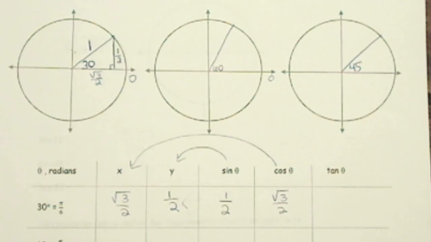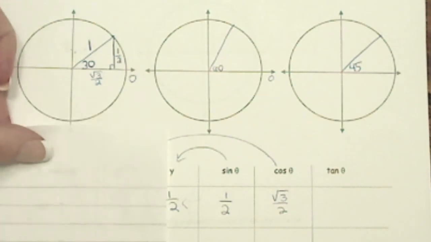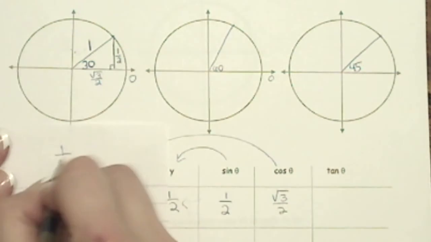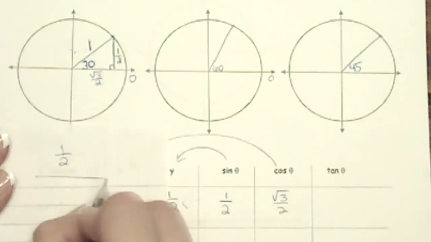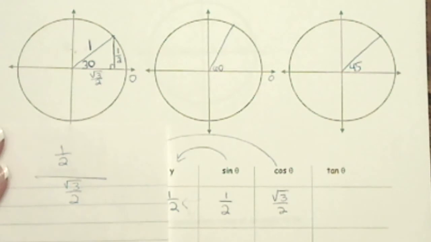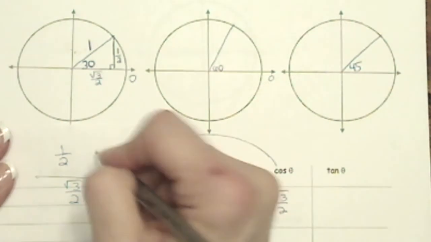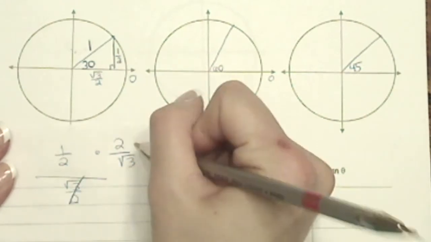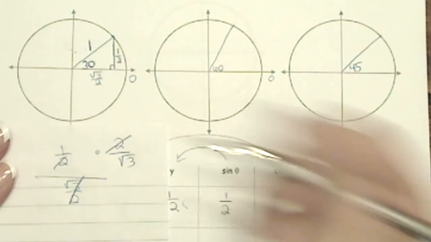The tangent value of this angle will be the length of the opposite of the angle over the adjacent to the angle. So we're doing 1/2 divided by square root of 3 over 2. We take the reciprocal and multiply. We get 2 over 2 square root of 3. The 2's cancel.